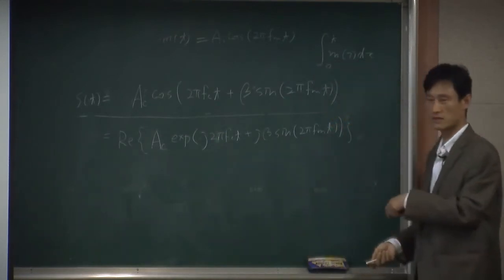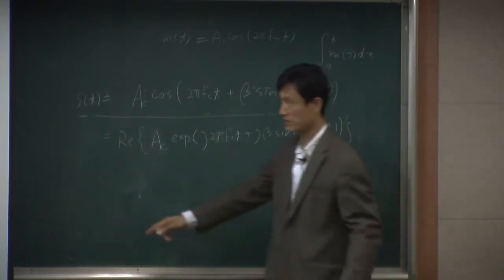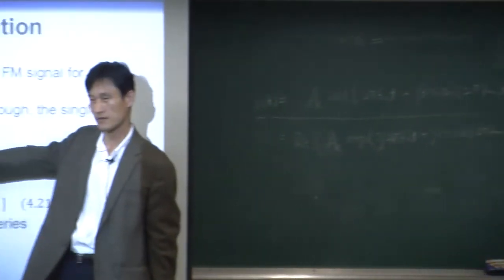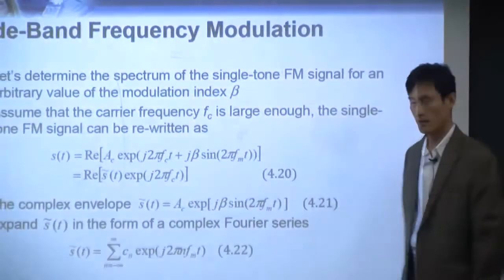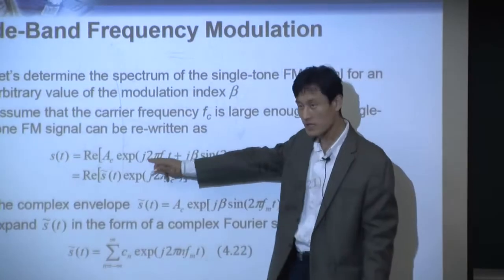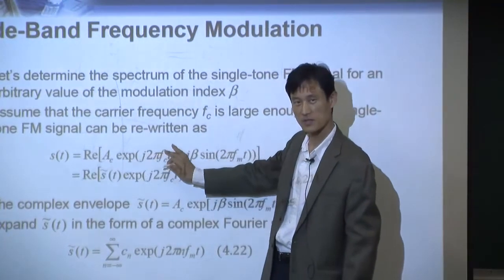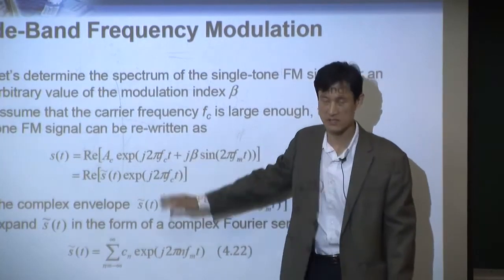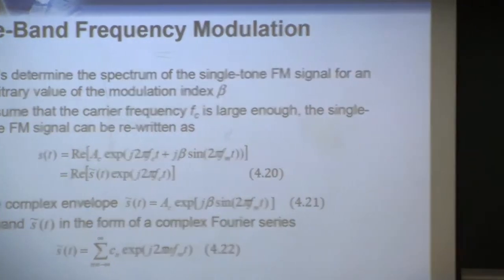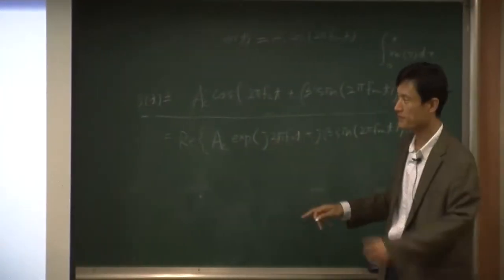We can rewrite it this way. That's what you see here. It looks different, because it is the real component of exponential something, but it is actually the same as our previous cosine. It's the same thing.